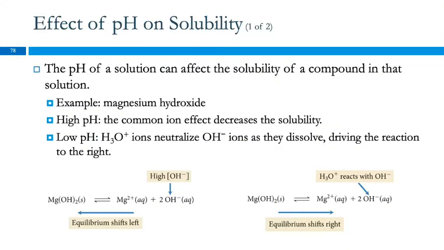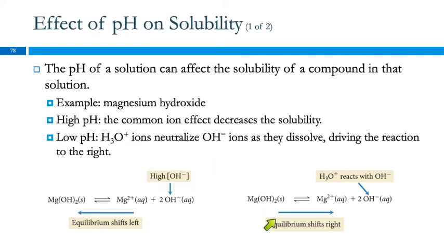Okay, that was painful. Effect of pH on solubility. The pH can affect the solubility because the pH indicates concentrations of hydroxide and hydronium ions, right? If we look at the solubility of magnesium hydroxide, at high pH we have a high hydroxide ion concentration, which means a common ion effect from the hydroxide, and that will cause the equilibrium to shift to the left.